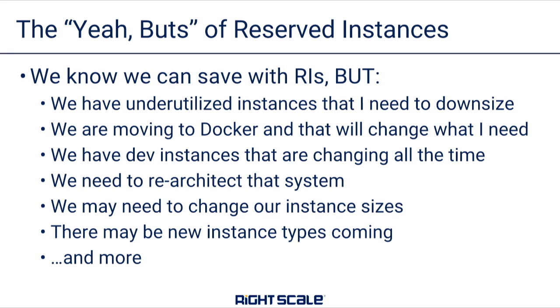And so you see some of the reasons listed here. I'm not sure if I might change architectures. We're not sure what might happen to the utilization of our app. There may be new types of instances coming with bigger discounts. So there's fear of making a commitment that you're not going to fully use, and there's a lack of flexibility that causes hesitation.